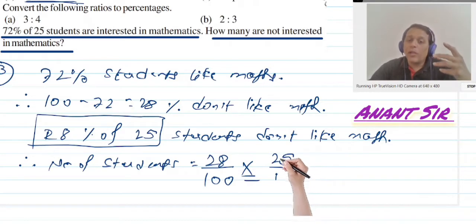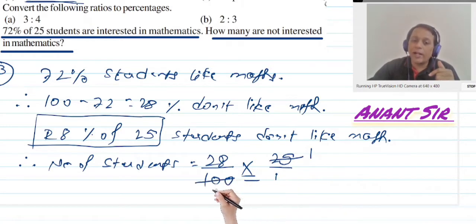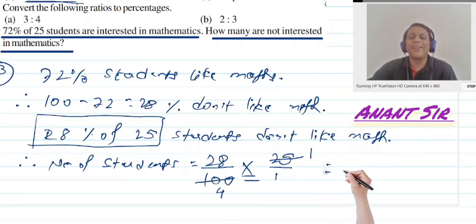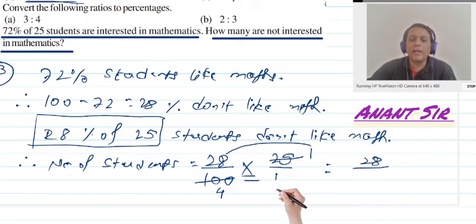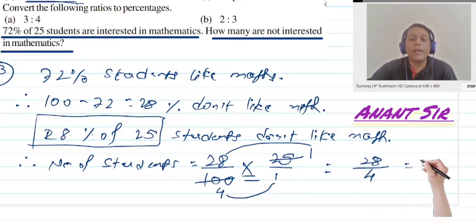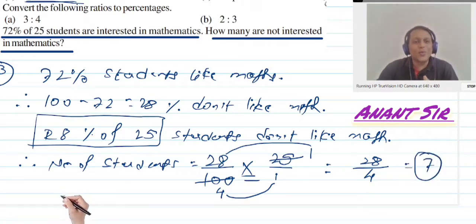Now the largest possible number by which I can divide is 25. 25 ones are 25, 25 fours are 100. So what is the answer now? 28 ones are 28 in the numerator, 4 ones are 4 in the denominator. And what is 28 by 4? It is 7. So we got the answer. So the number of students who don't like math is 7. Okay, so you can do it in two ways.